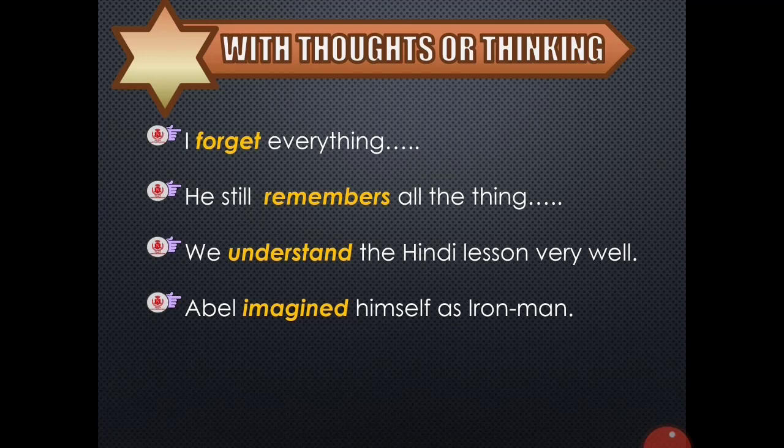So we used to imagine ourselves as ninjas. Okay, so that kind of imagination is called a state verb. When we imagined ourselves with something, the word imagined here is a state verb. Abel imagined himself as Iron Man. Imagined here is a state verb.